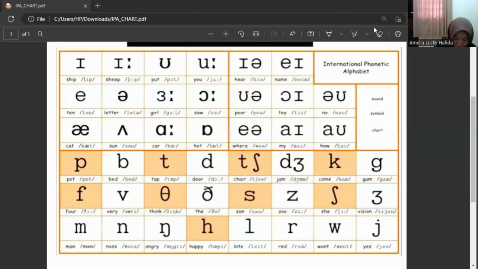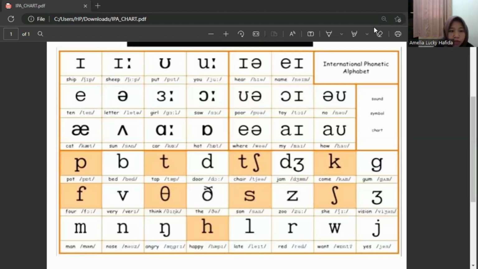Next is sh sound. For example, she, she, she. Next is the zh sound. For example, vision, vision, vision.